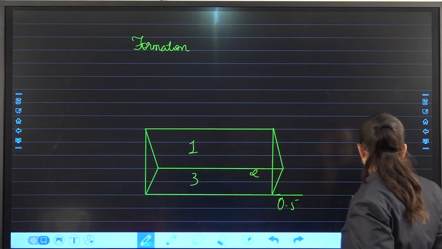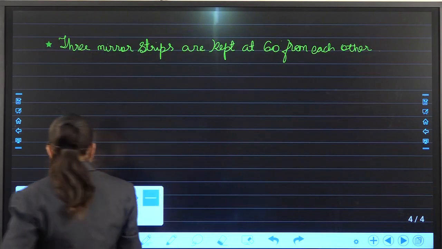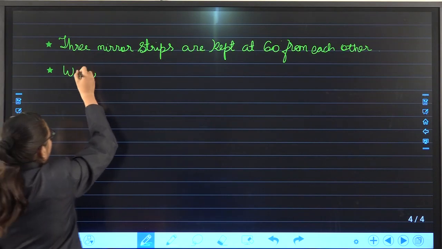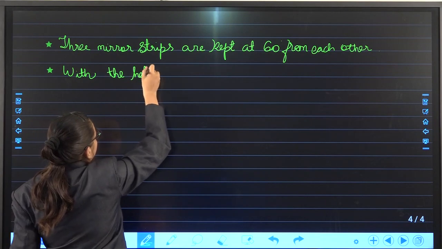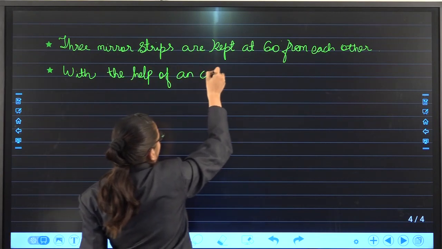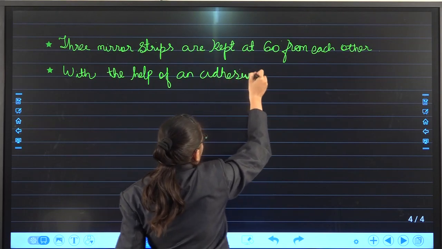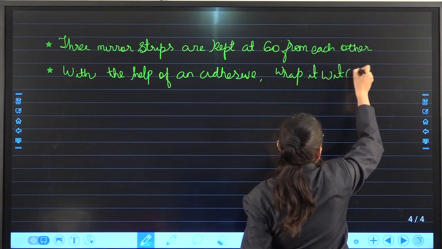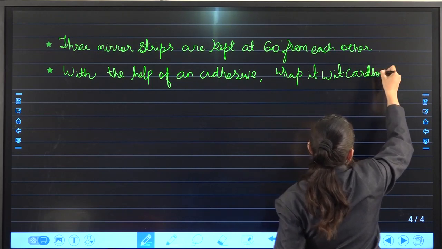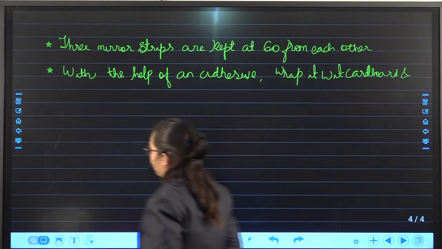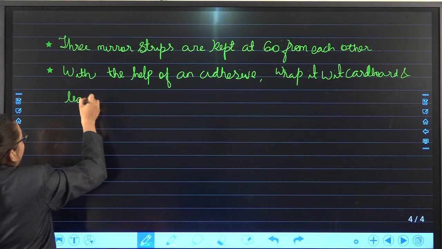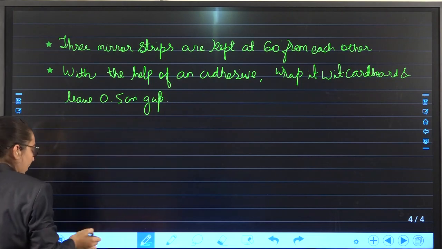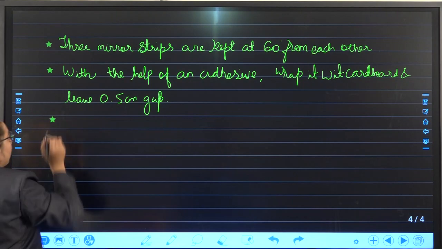So with the help of an adhesive, wrap it with cardboard and leave a 0.5 centimeter gap. There is a gap over here.